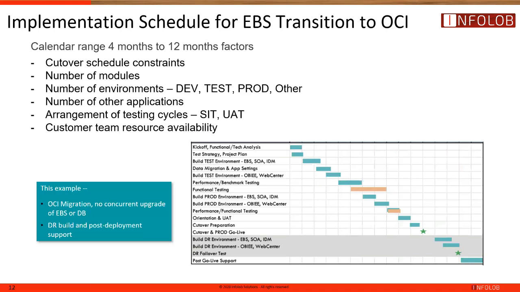So we'll go through integration testing in dev a couple of times, and then once we get to test, we'll finish that out and start UAT, and then probably go through a second set of UAT in prod. But that again is specific to your situation.